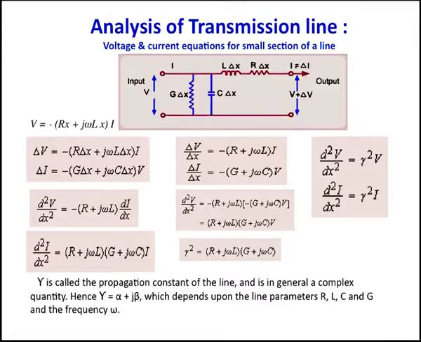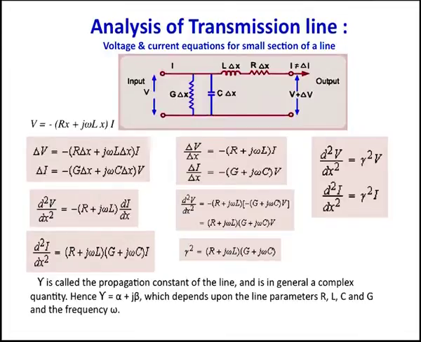Similarly, due to the shunt path some current passes, and the current is continuously decreasing. So, the change in current in the section del x is given by the current through the shunt path, whose admittance is G plus j omega C, multiplied by the voltage V, which we have assumed constant because the length is very small.